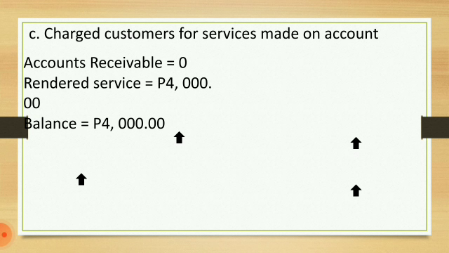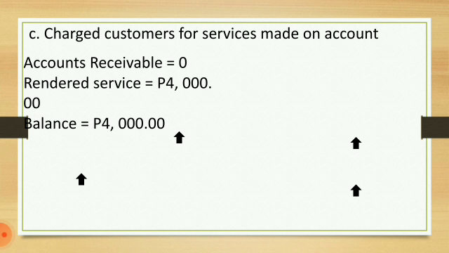So this means that you have a collectible amount from your customer, or simply your customer has to pay you an amount. So let's put it this way. Before this transaction, imagine that you don't have any accounts receivable yet. When you rendered your service to your customer, let us say it's worth 4,000 pesos.